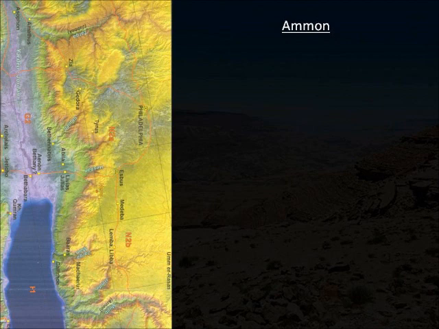But notice the contrast there with the Great Rift Valley, where the Jordan River is flowing into the Dead Sea. That area is about 1,000 feet below sea level. And what this means is that Ammon is going to have a very high contrast with the other areas around it, that the Jordan River Valley there is going to be almost 5,000 feet below where the Ammon Plateau is.